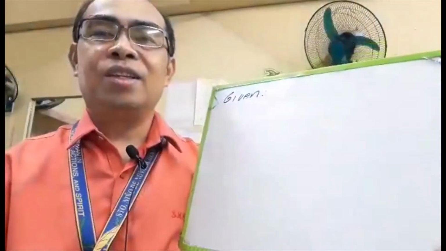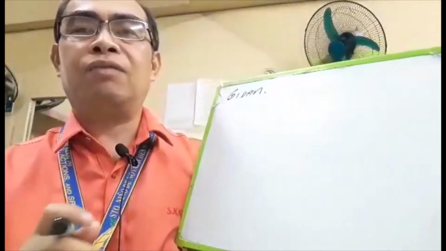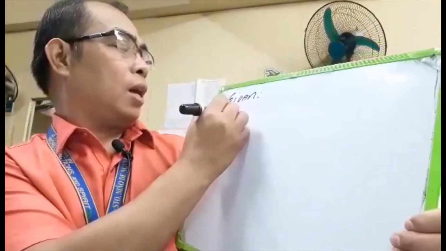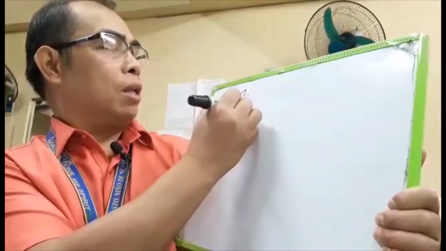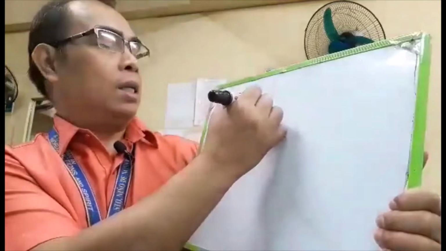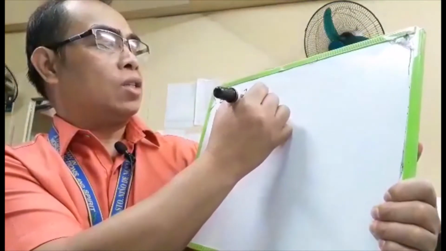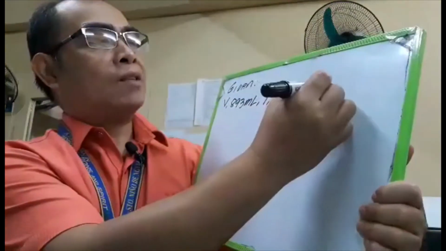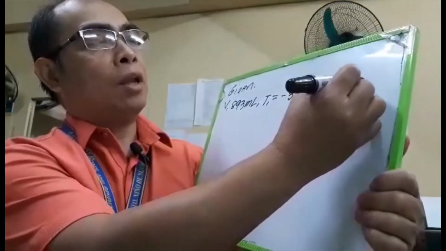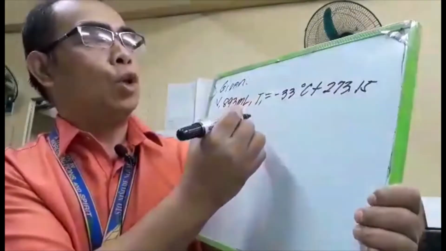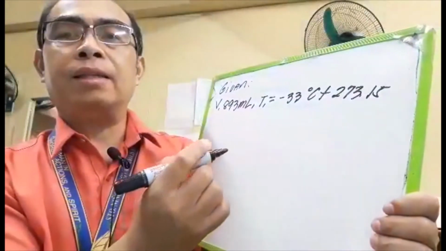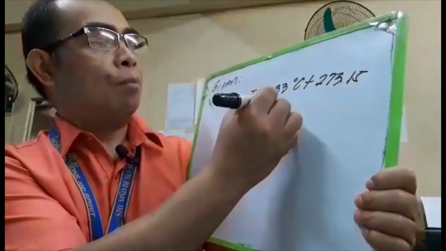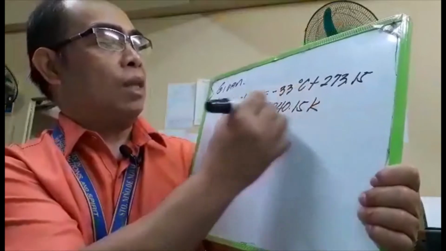So we identify the given in the problem. First, V1 is 893 milliliters, followed by T1, which is negative 33 degrees Celsius plus 273.15, because as I told you, we must always express it in absolute temperature. This is 240.15 Kelvin.